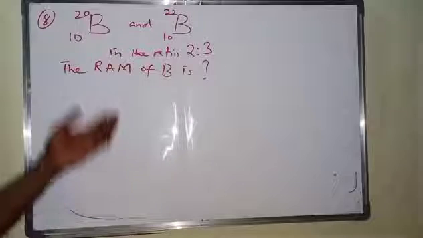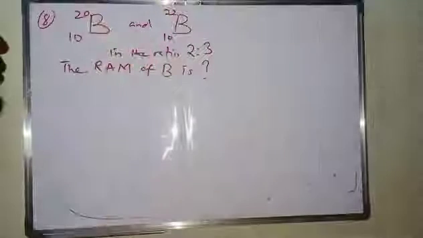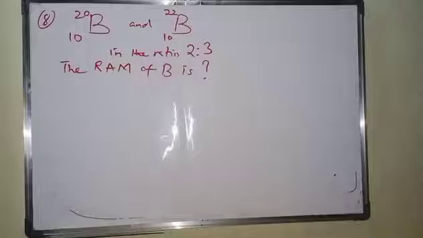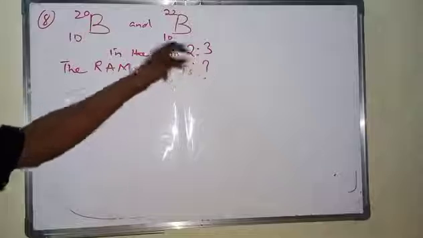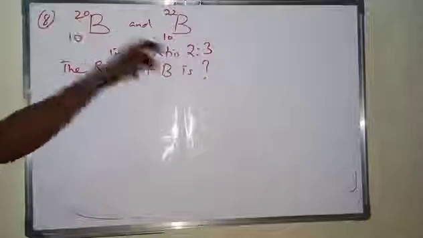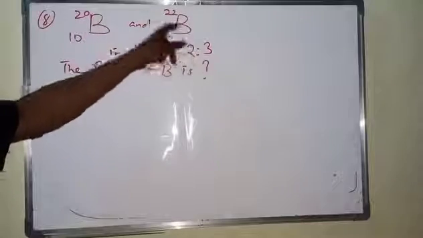That is to say that if you have a total of 100% by mass of this mixture, and you are told 2 to 3, the ratio is 2 to 3. The ratio of boron 20 is 2 to 3 of boron 22.